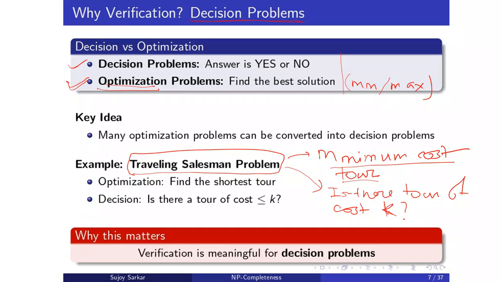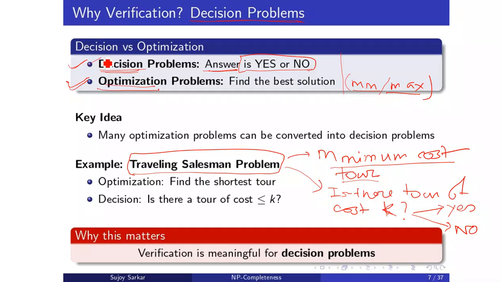And here the output will not be the tour, but yes or no. So for decision problems, the answer will be yes or no. For optimization problems, you have to find the minimum or maximum solution.